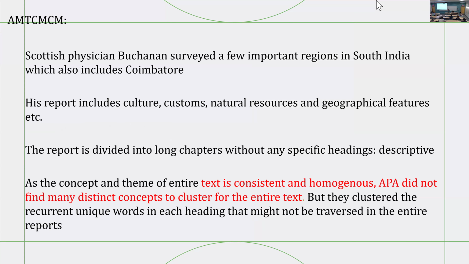He surveyed the culture, natural resources, geographical locations, weather, climate, but it's kind of his personal understanding. The entire format of this particular text is description, divided into long chapters, without any specific headings, just 4 long chapters. And the text is very consistent and homogeneous. So that's why APA, this algorithm, did not pick up more clusters for the subheadings inside.